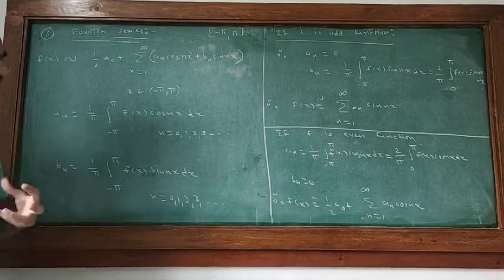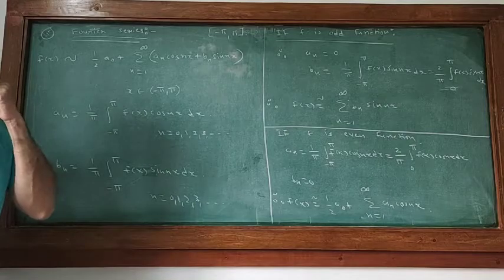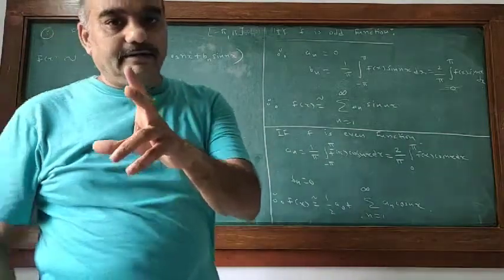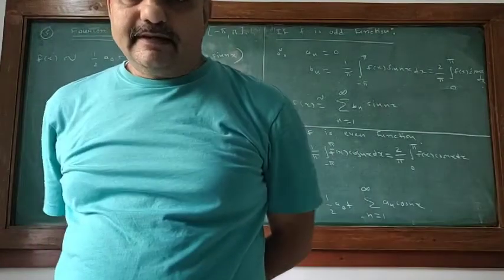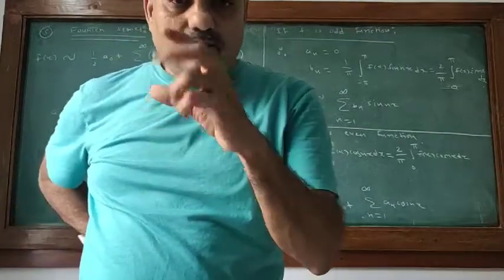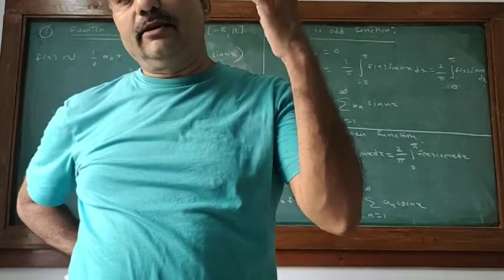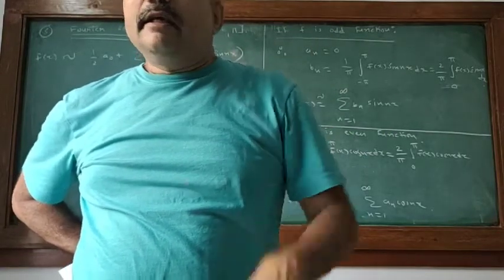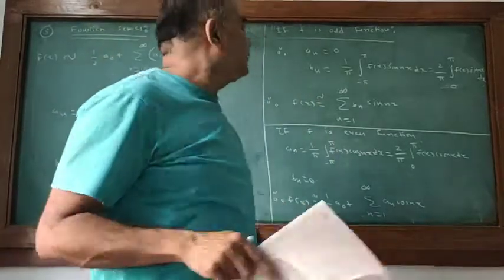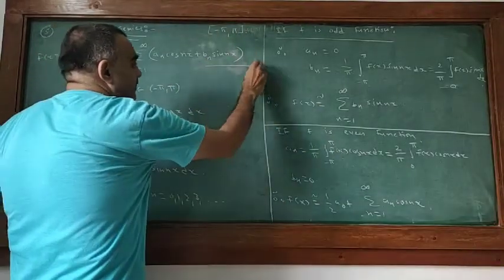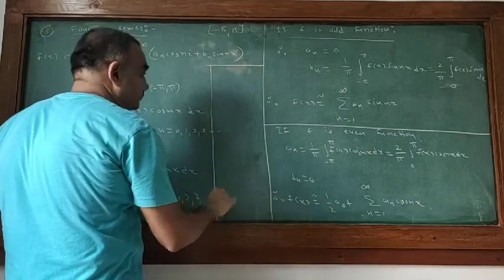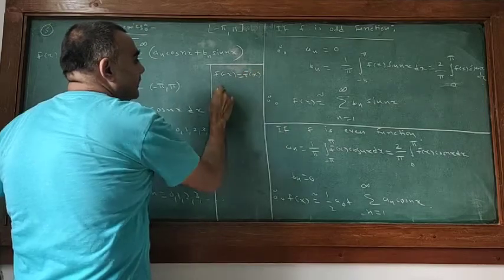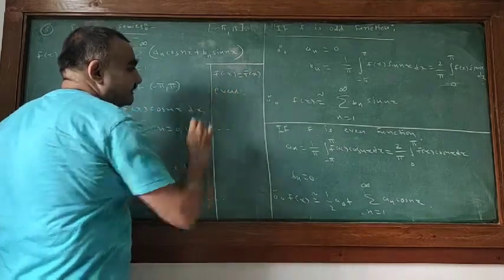Now at this juncture, we have two notions: odd function and even function. Do you have an idea what an odd function is? Just think over it. An even function is a function where f of minus x equals f(x).